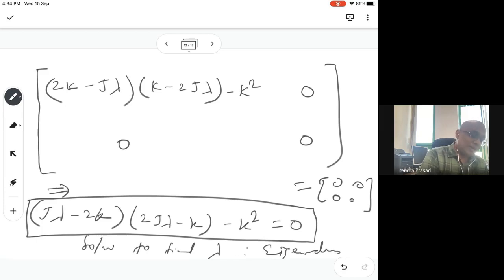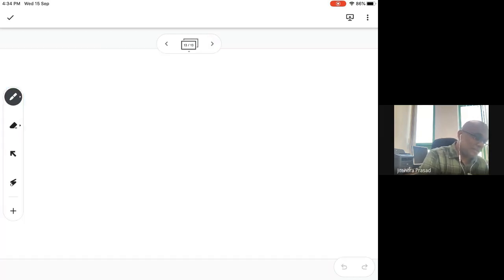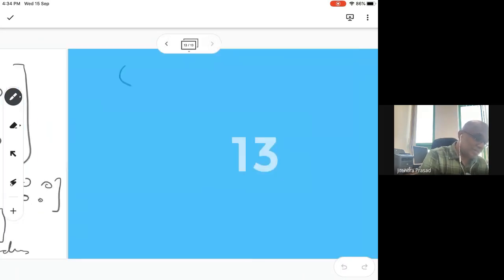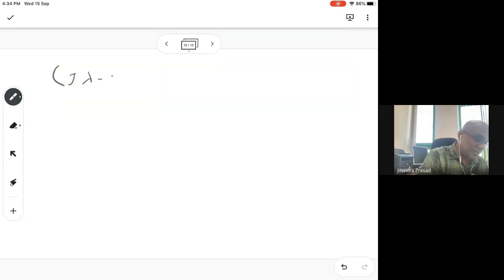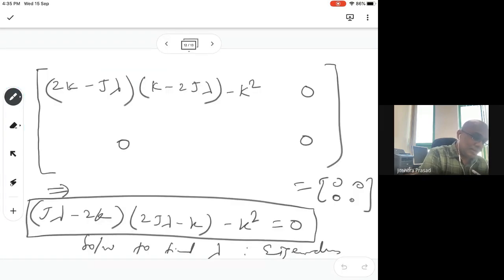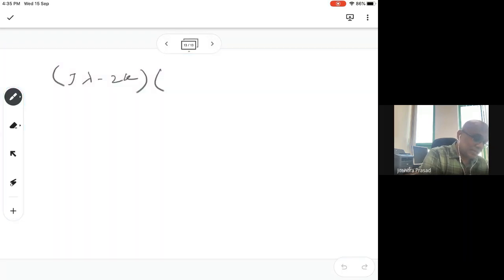So let's do it. We have J lambda minus 2K, and then you have 2J lambda minus K square equal to 0.